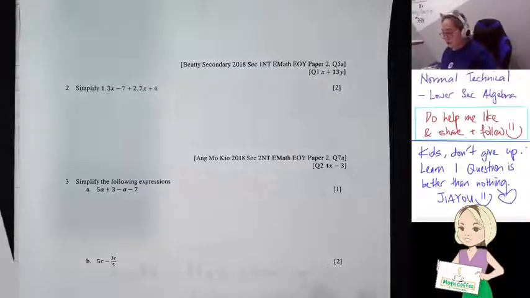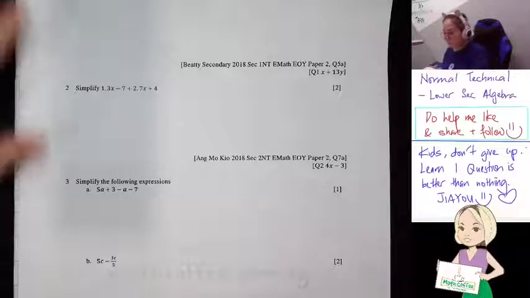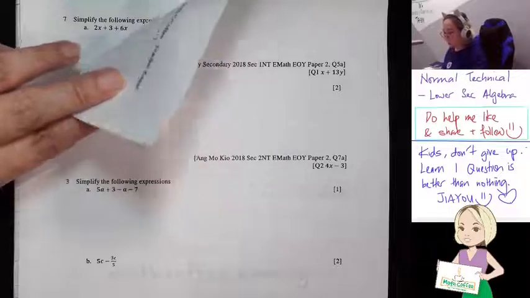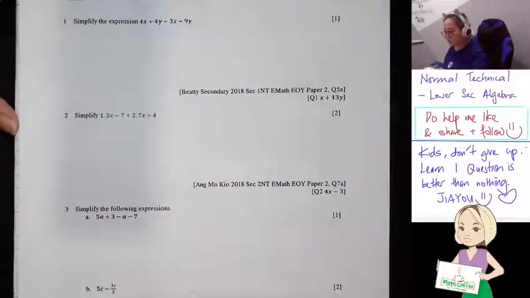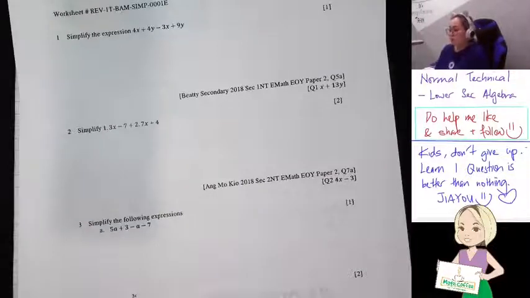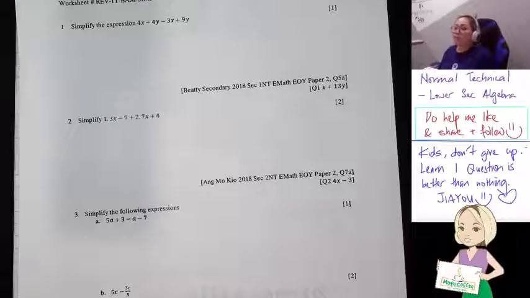Okay, let's move on to simplifying algebraic expression. I don't think that it's good and wise to solve simultaneous equation via calculator, because I think simultaneous equation is a very important skill to solve two unknowns.